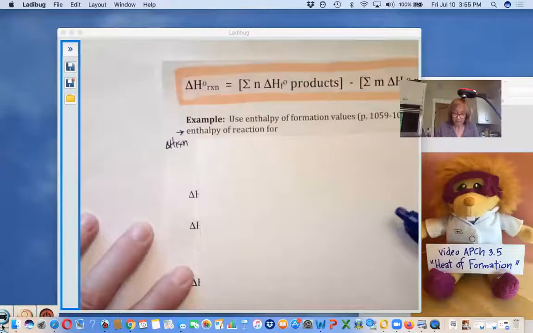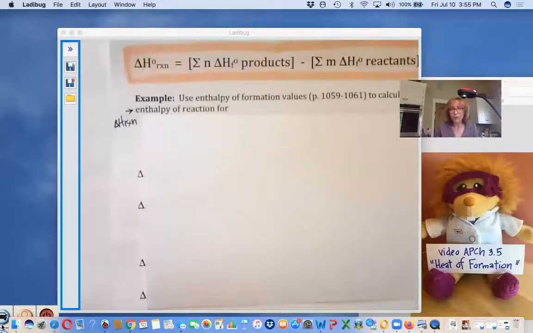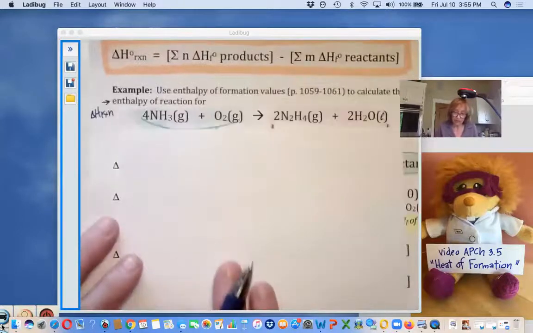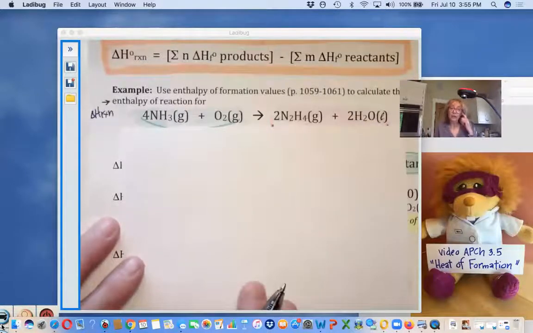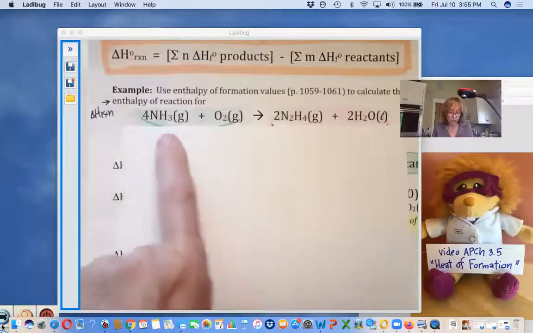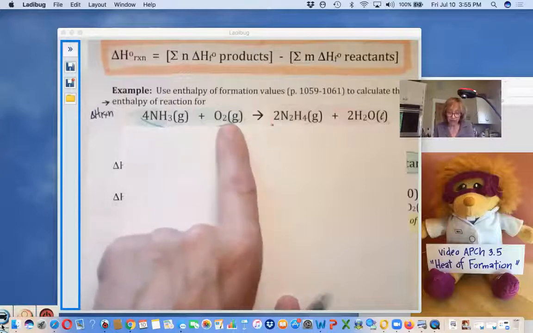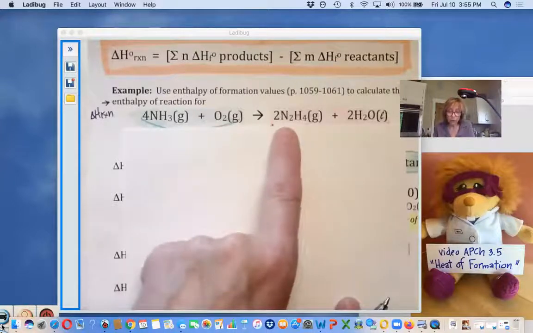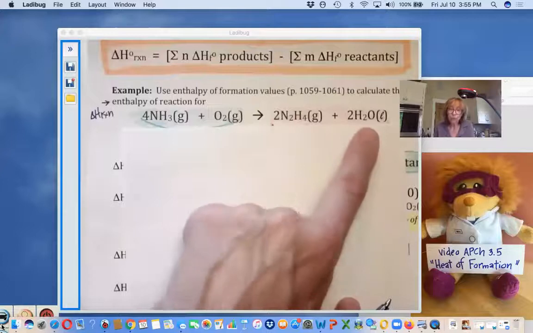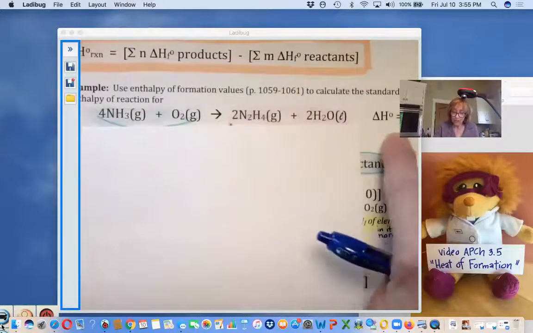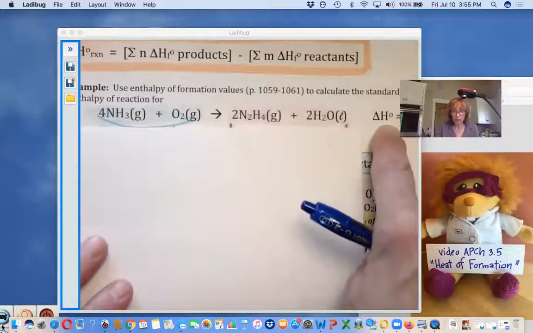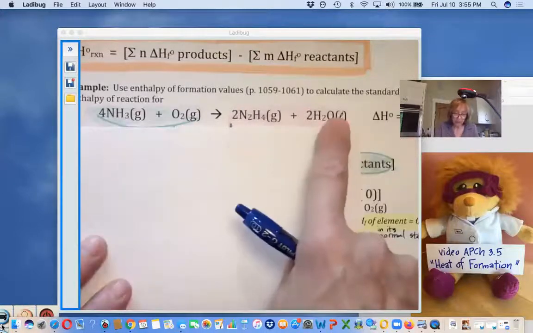Standard means using standard conditions. All right, so here is our equation. 4 moles of ammonia gas plus oxygen gas yields 2 moles of N2H4 gas and 2 moles of water liquid. I want to know the enthalpy of reaction for that process.